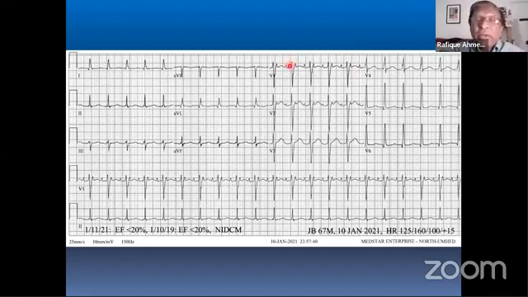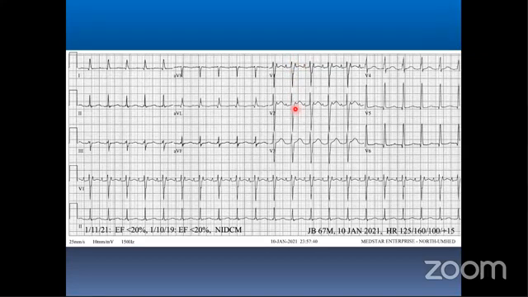It looks like an RSR pattern. But look at lead V2 also. As you all know, sir, in atrial flutter we usually find the rate around 150. As the rate is a little bit lower, if someone mistakes it as incomplete RBBB, is it acceptable in the exam?